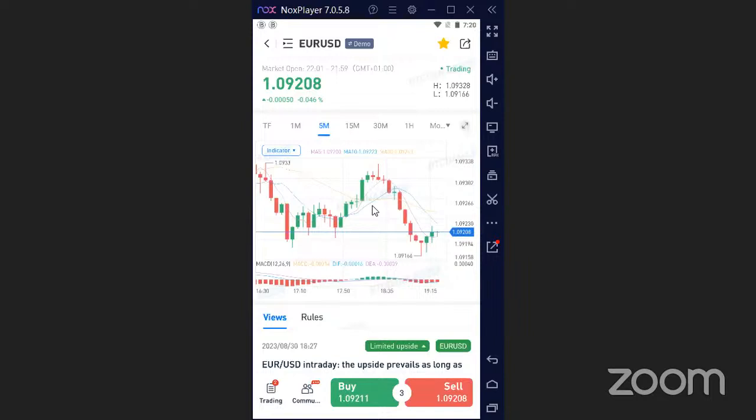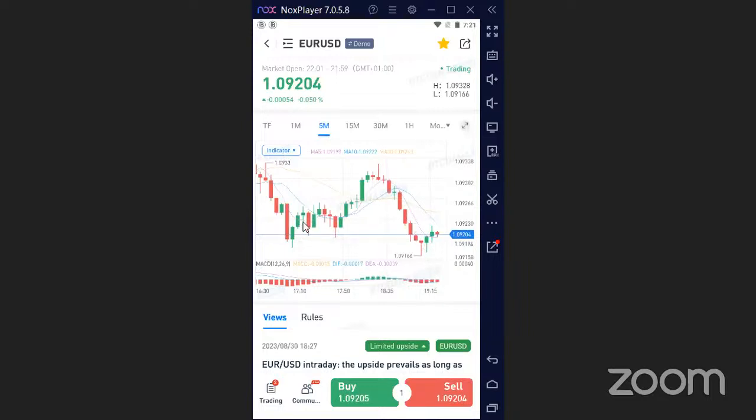Now look at this moving average here. Something is happening around here that I want you to pay close attention to. You see this long moving average, the yellow one, we call it the moving average 200. What the moving average 200 does is, whenever the candles are below it, it's saying the market is going to go down for long.